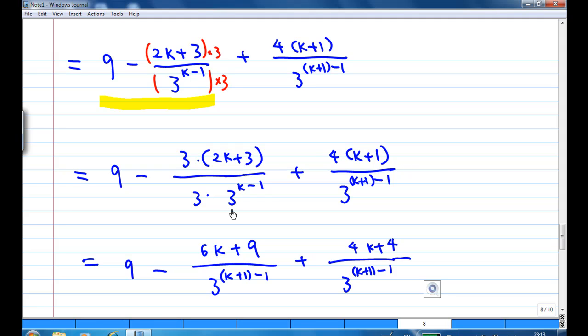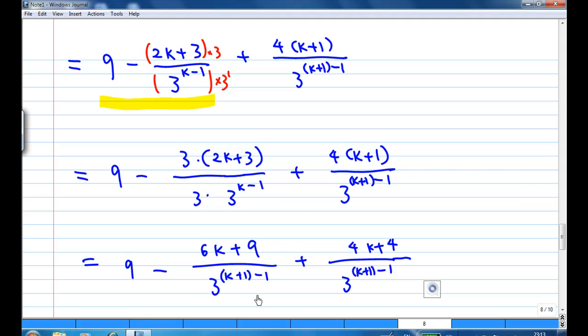So I get this. Why do that? Then the numerator will be 3 times 2k plus 3, we get 6k plus 9. And the denominator is 3 times 3 power k minus 1, which is actually 3 power k plus 1 minus 1, since after you multiply, you increase the power by 1.